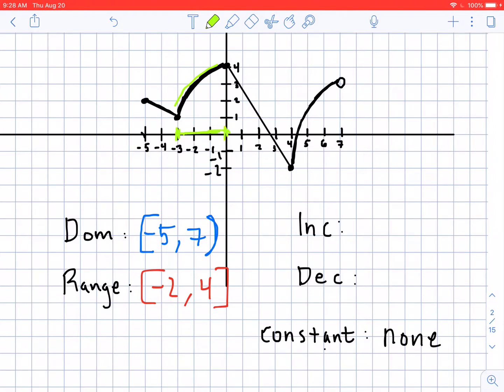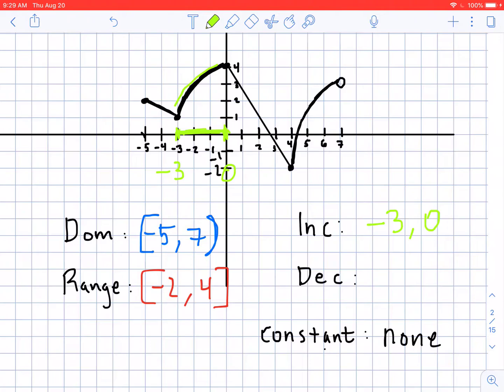From negative 3 to an x value of 0, the function is increasing. So it's increasing from negative 3 to 0 on the x-axis.